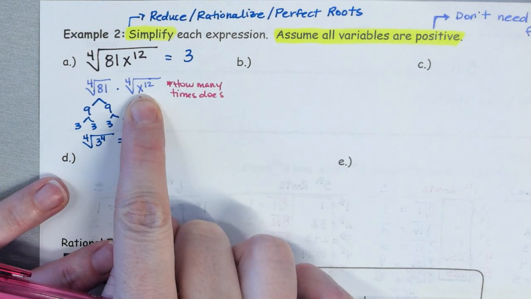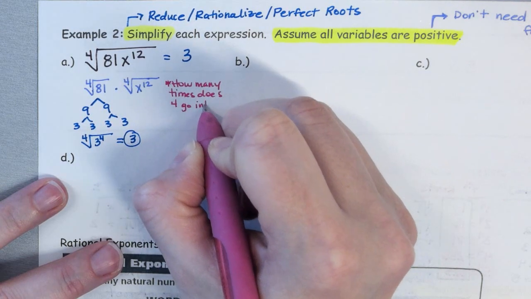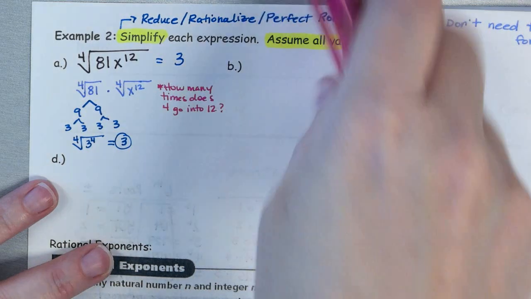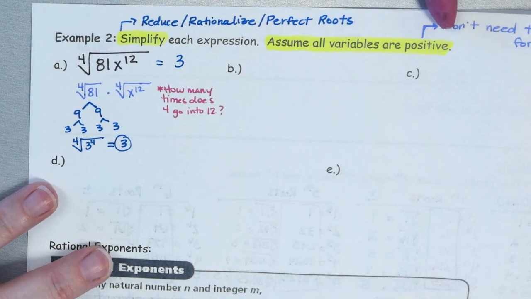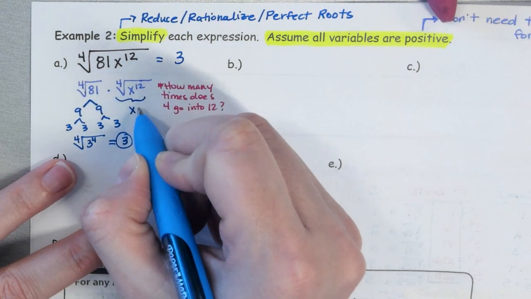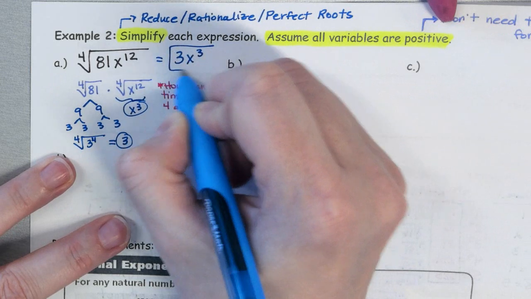So in this case, how many times does 4 go into 12? And what's the answer to that? 3. So this is going to simplify to x cubed. And this would be your final answer.